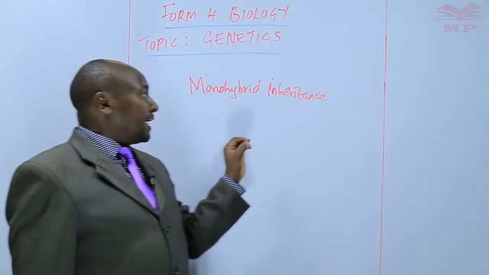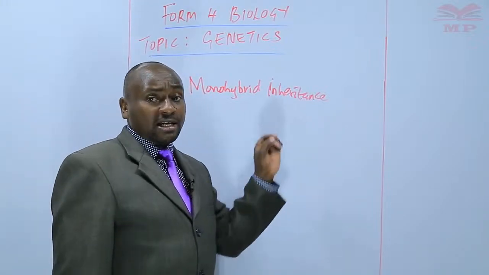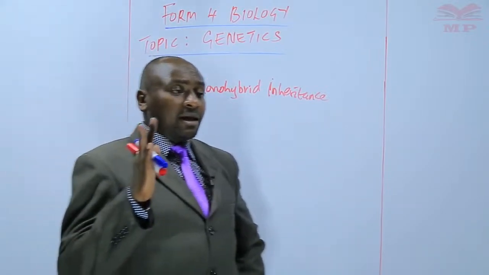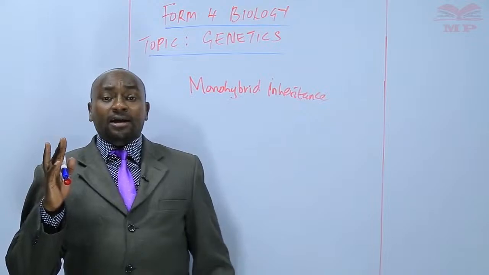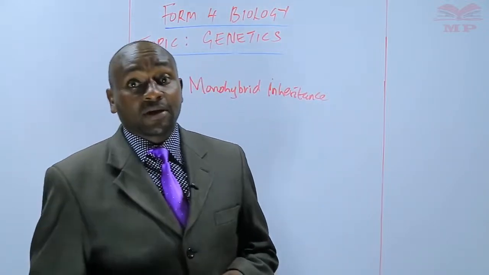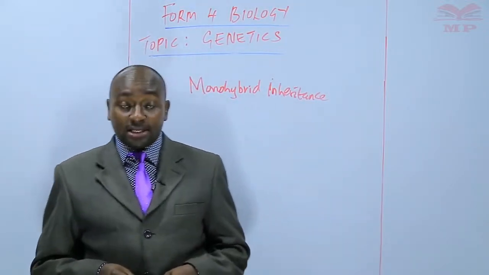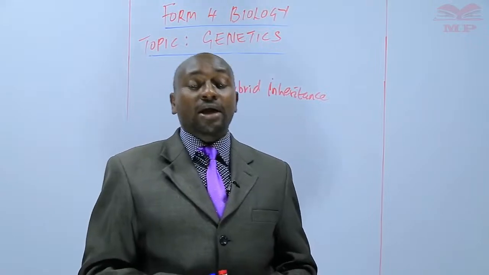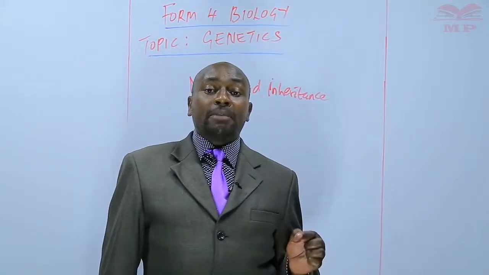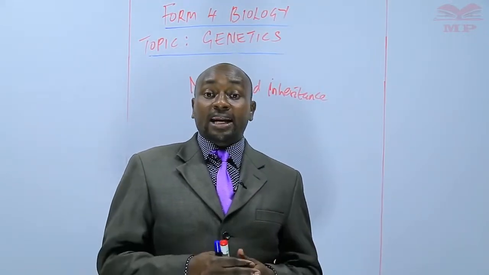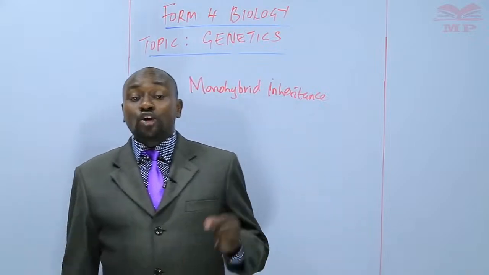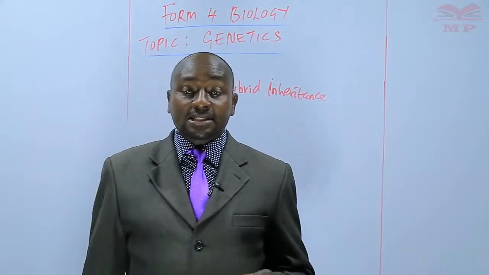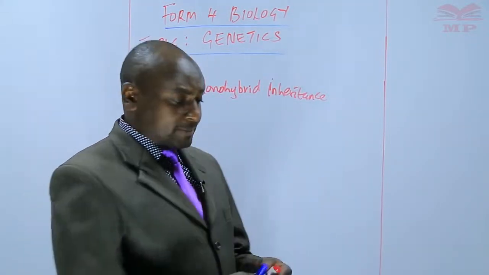So this concept is borrowed from the law of segregation, which stated that the characteristics of an organism, or each characteristic in an organism, is determined by a pair of hereditary factors, and only each one of those factors exist in a gamete.